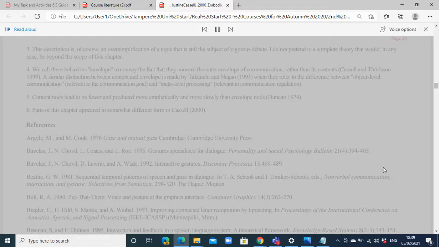Communicative Facial Displays as a New Conversational Modality. In Proceedings of InterCHI, Amsterdam, 187-193. Wilson, A., Bobick, A., and J. Cassell. 1996. Recovering the Temporal Structure of Natural Gesture. In Proceedings of the Second International Conference on Automatic Face and Gesture Recognition, IEEE, Killington, VT.